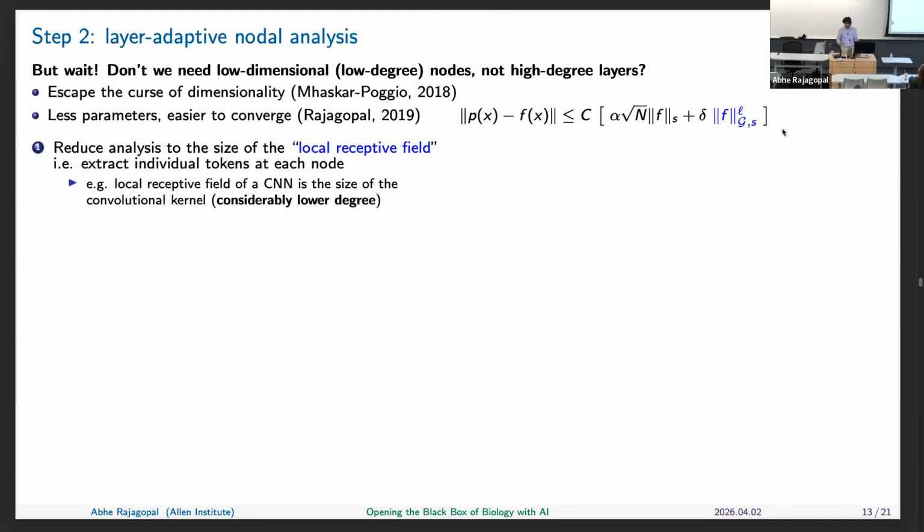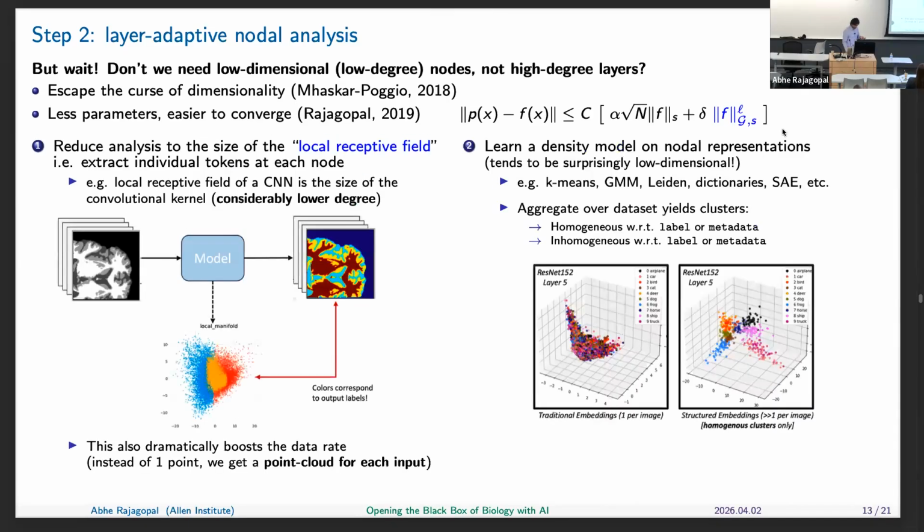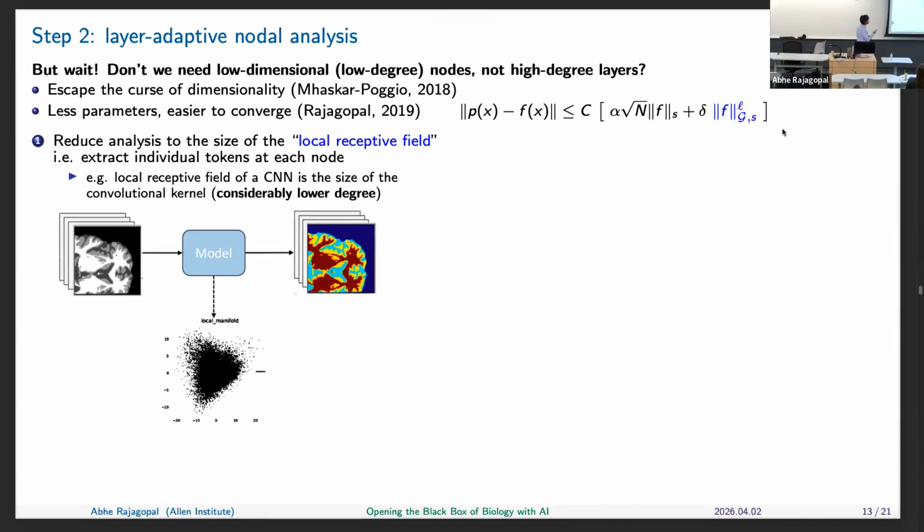As an example, in a CNN, when you're sliding that convolutional kernel around, it's really the same nodal function that's being applied multiple times. So applying this to the model, what you get, which is kind of interesting, is that rather than a single data point as the embedding representing the image, you now get a point cloud.